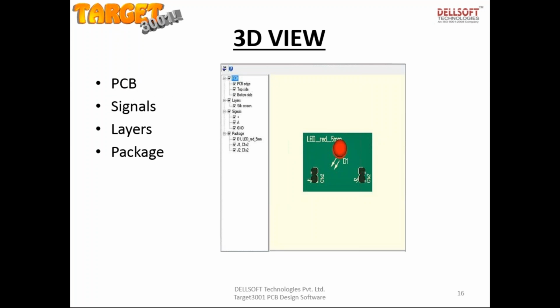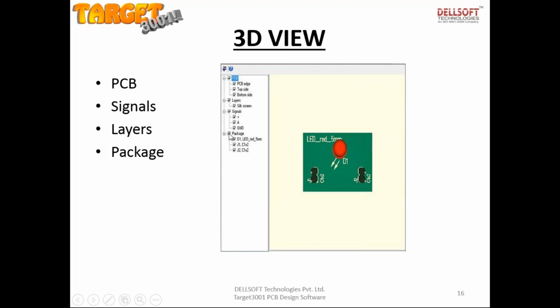So after the layout, you can see the 3D view. So this 3D view of that circuit is created, and it has some parameters like PCB, signals, layers, and package. Okay. Package has been provided.